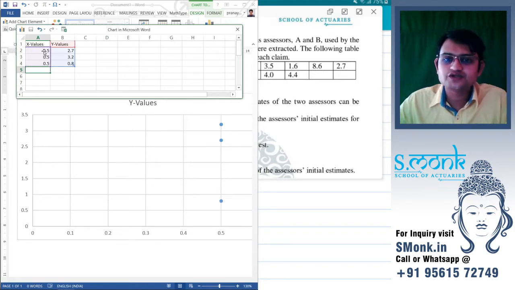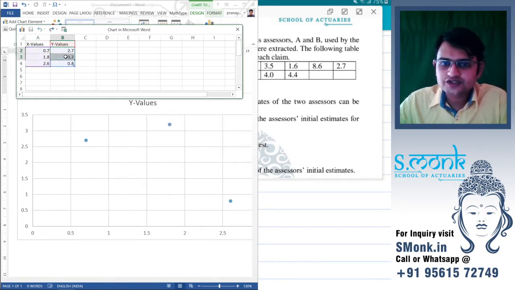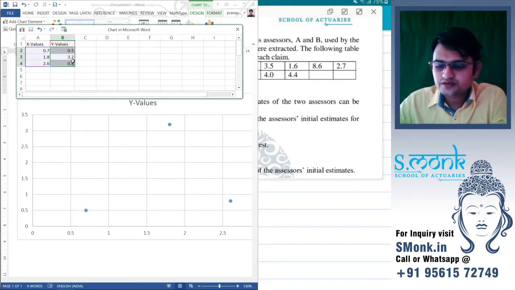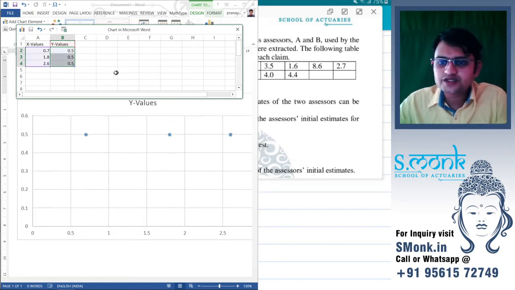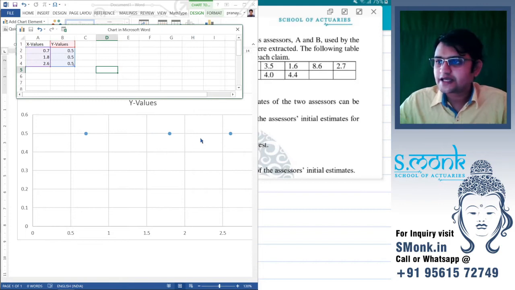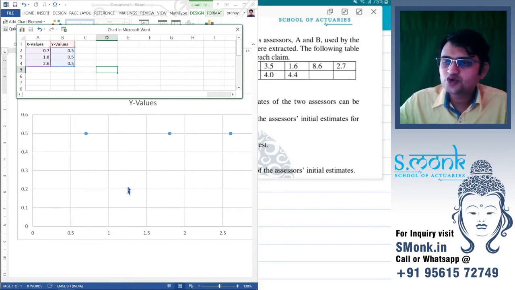We'll keep the y value the same, not the x value. I'll just undo. We'll keep the y values the same. So let's say 0.5, 0.5, 0.5, 0.5, and you can see each value is now on a straight line.